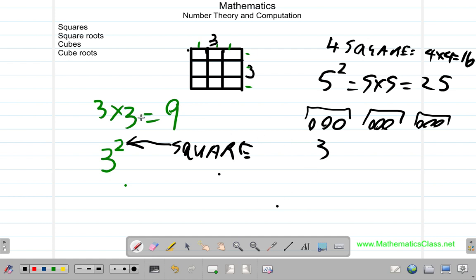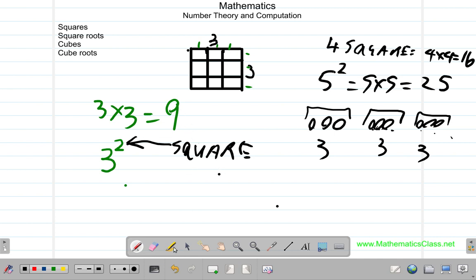But when you multiply 3 by 3, you have 1, 2, 3 at the 3. So you have 3 threes, so you have 1, 2, 3, 4, 5, 6, 7, 8, 9 of them. So 3 times 3 gives you 9. You see that? So that's how you go.